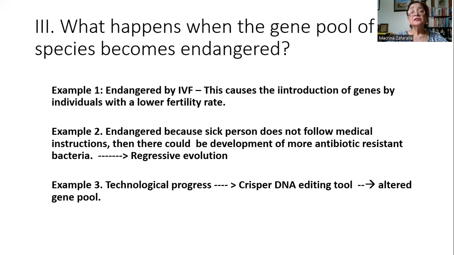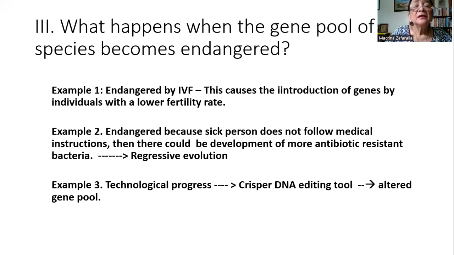This is known as regressive evolution. If you have watched our recommended video, you've heard of the person sick with TB who chose not to follow medical instructions, but consumed his antibiotics and stopped consuming them too early, before the date set by the doctor.